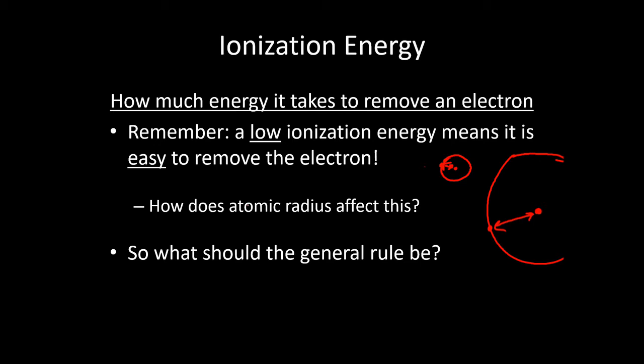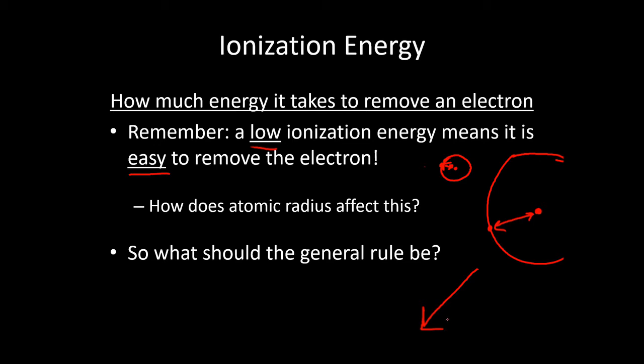Because of this, and because of the way ionization energy is defined, with low ionization energy meaning it's easy to remove the electron, the trend for ionization energy is going to be the exact opposite of the trend for atomic radius. If you remember, atomic radii increased as you went down and to the left, so down and to the left gave you larger elements.